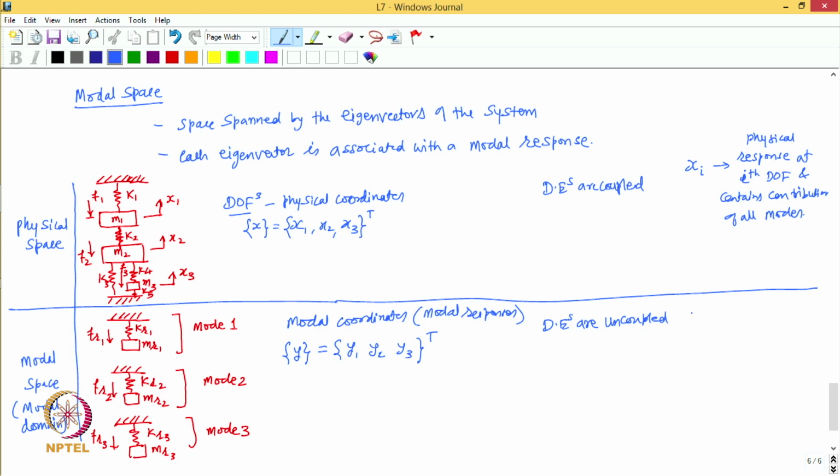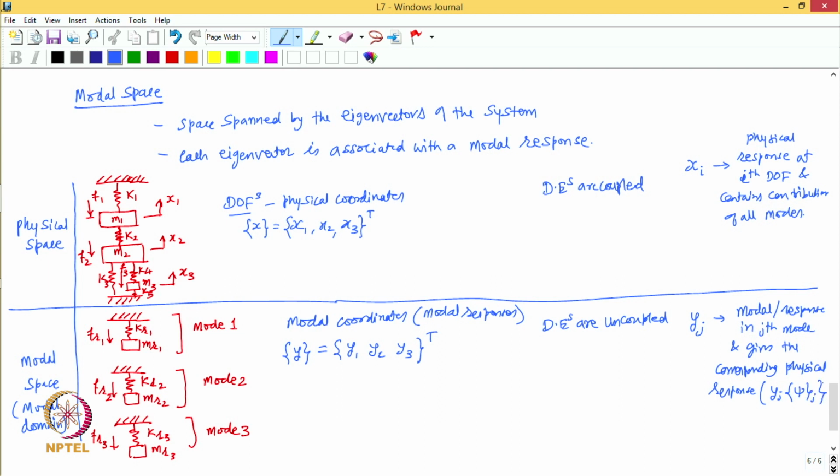But if I look at the modal response, say yj, then it tells us the response in the jth mode, and gives the corresponding physical response, which will be equal to yj times psi j.